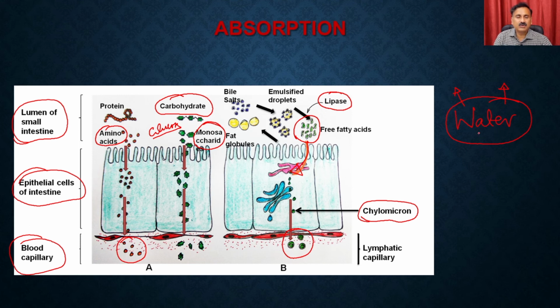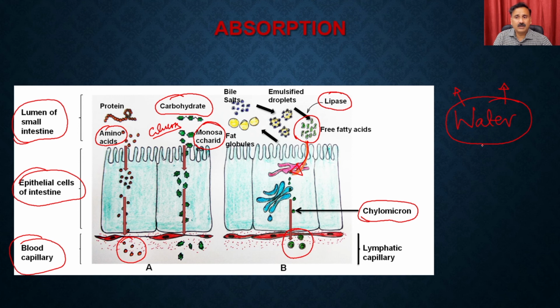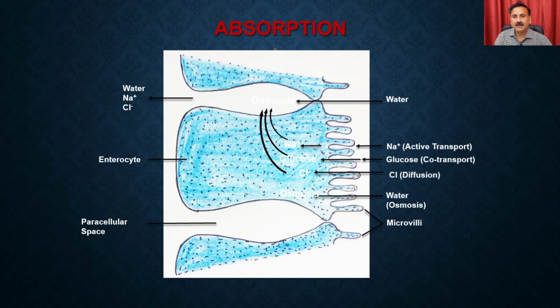Because water is actively participating in many types of reactions inside the body, like the metabolic reactions or synthetic reactions and all that. So water we cannot waste, right, because the water present in the food has to be absorbed back, right. And the water absorption is very easy, right.